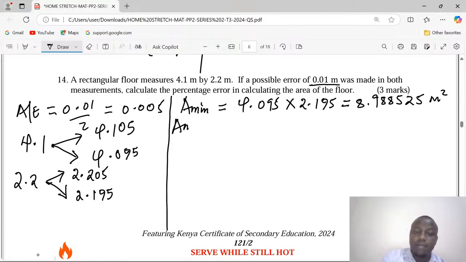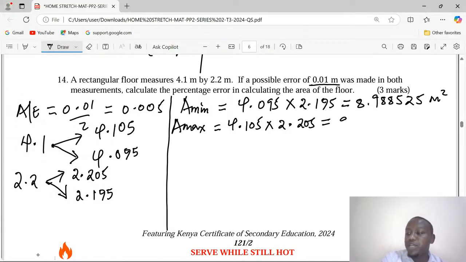Area maximum shall be when we take the upper limits, 4.105 multiplied by 2.205. This is going to be 9.051525 square meters.